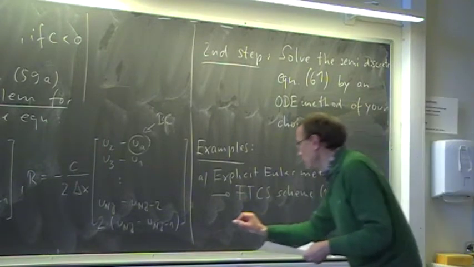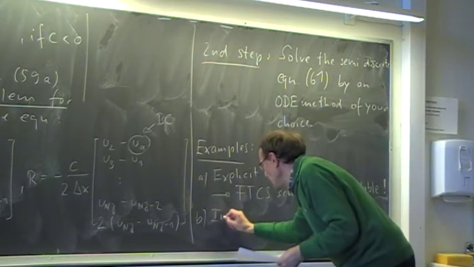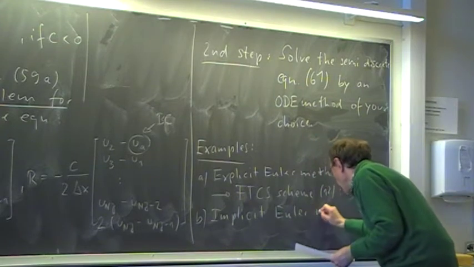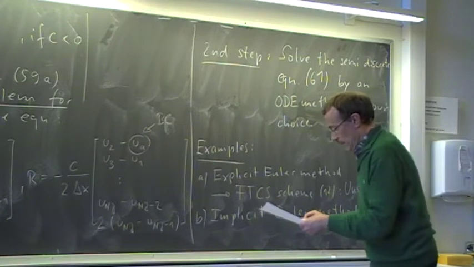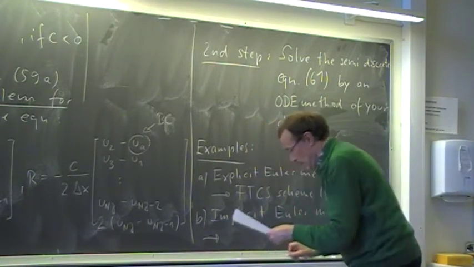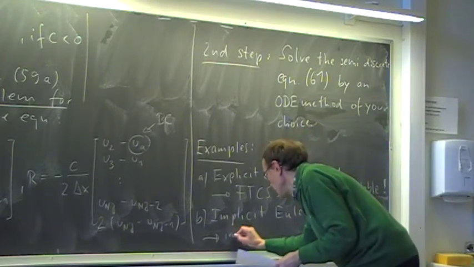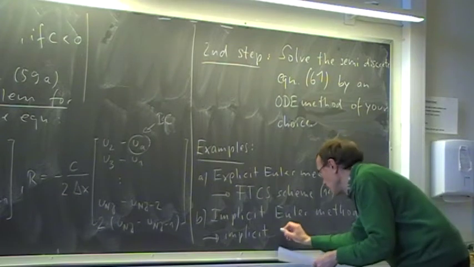Another example that we took yesterday as a remark was the implicit Euler method. The implicit Euler method yields the implicit central method that we saw yesterday. I call it remark 1, implicit central method.